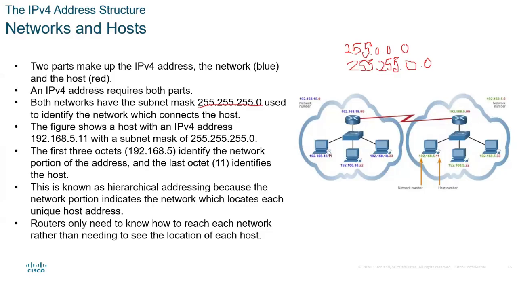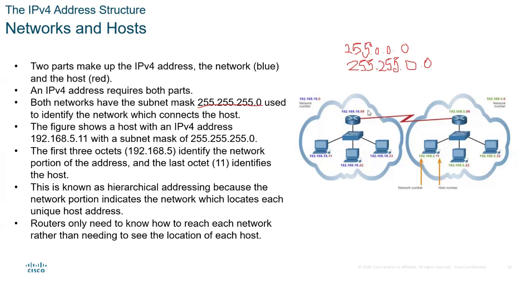Then, if you look at this, this is a network, this is another network. Now, look at this network. You see that the first 3 octets are 192.168.10. All of them are the same because they belong to the same network, and that is what we call the network address. That is the network part of the IP address.